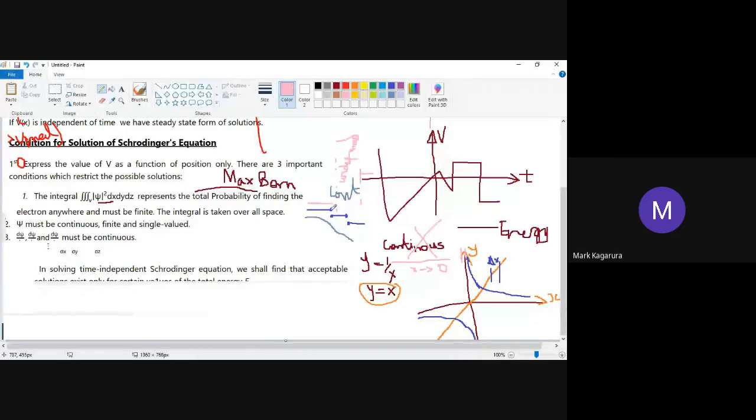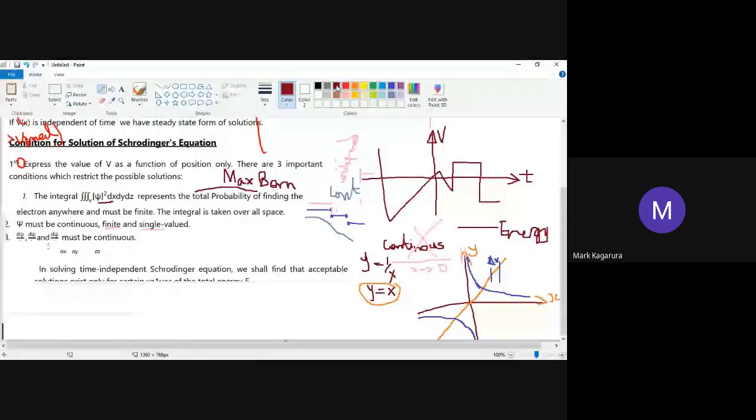Then single valued: you can see that at this point, as this function is piecewise continuous, it has multiple values at the same point. It has this value and has this value. So that is multiple valued, so it's not single valued. Then finite: 1 over x is also infinite at x is equal to 0. So that cannot be a valid wave function. So these conditions, we can say there are 4.